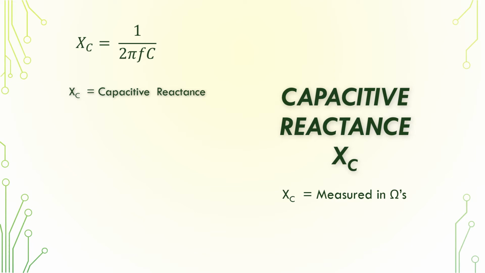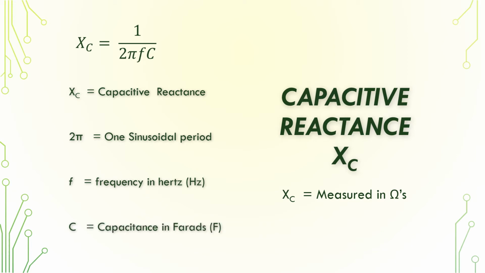Since current is dependent upon voltage, then this also impacts our current according to Ohm's law. So we measure capacitive reactance in ohms. And we can calculate it by the formula where capacitive reactance, XC, is equal to 1 over 2 pi FC, where 2 pi is one sinusoidal period, F is our frequency in hertz, or how often our sine waves are coming at us, or how fast our voltage is changing, and C is our capacitance.